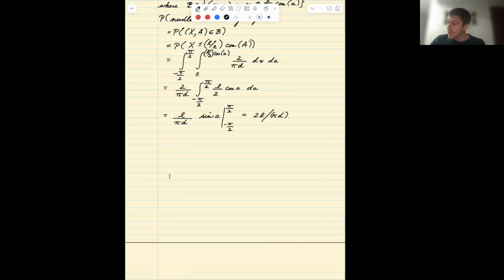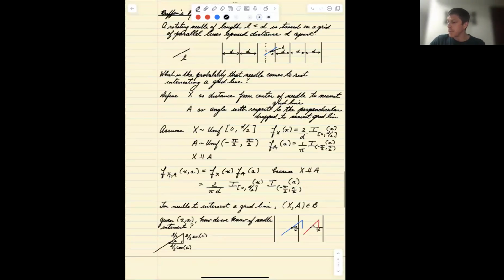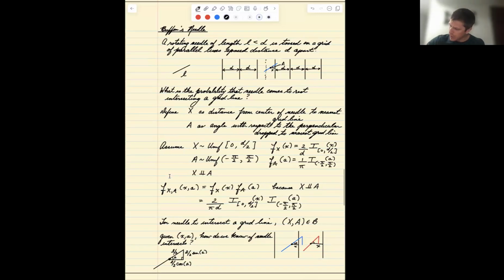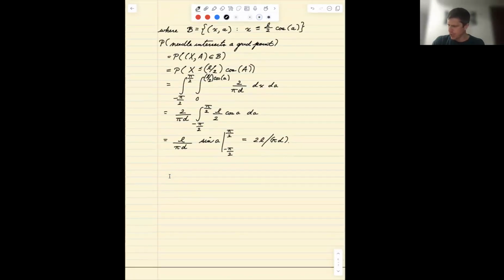So that's, I believe, a pretty interesting application. Even though we have independent random variables, it gives us a very powerful way to calculate this probability, and we get a closed form.